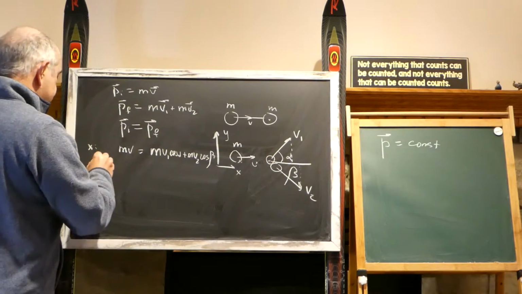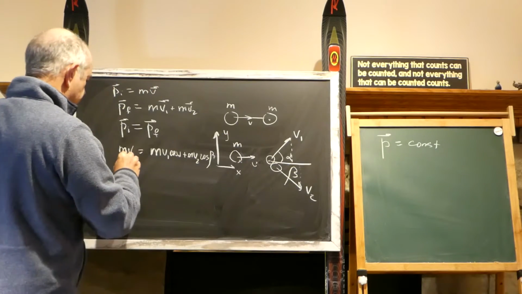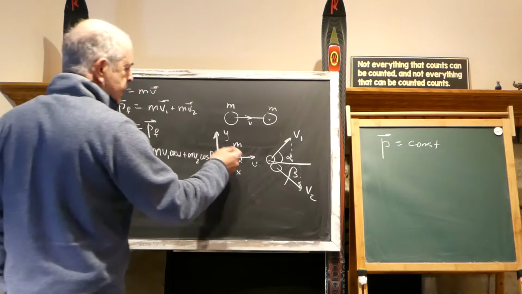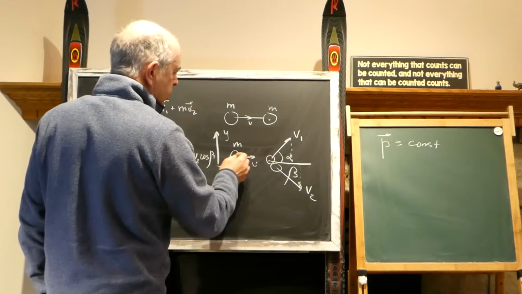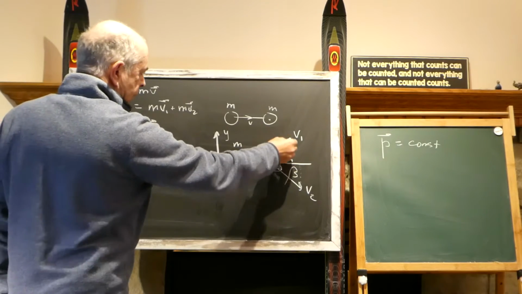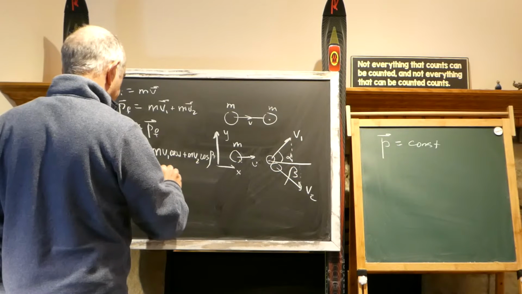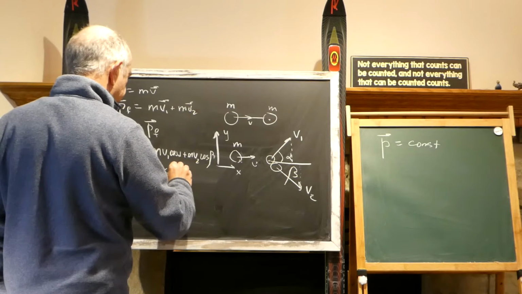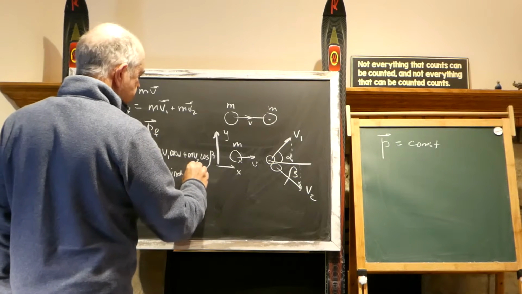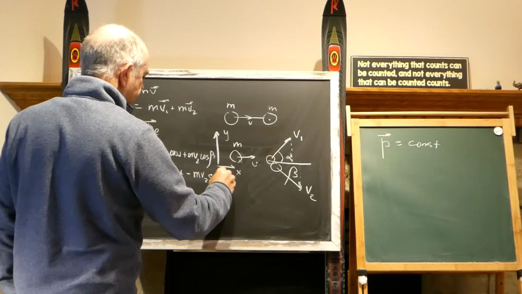And now on the y-axis, initial momentum is 0. Its projection on this is 0 because it's perpendicular. And we have this one, mv1 sine alpha, and this would be minus mv2 sine beta.